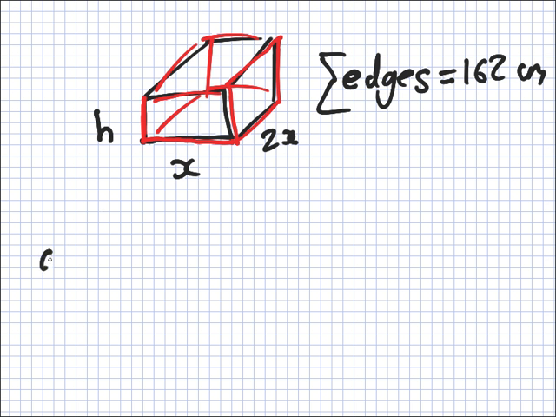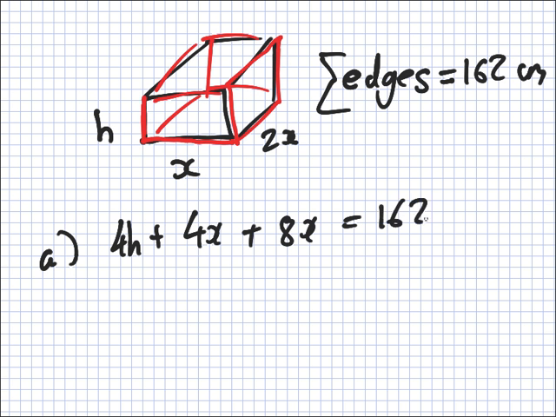How many edges are there of length h? 4. Of length x? 4. And of length 2x? 4. And this should equal 162.